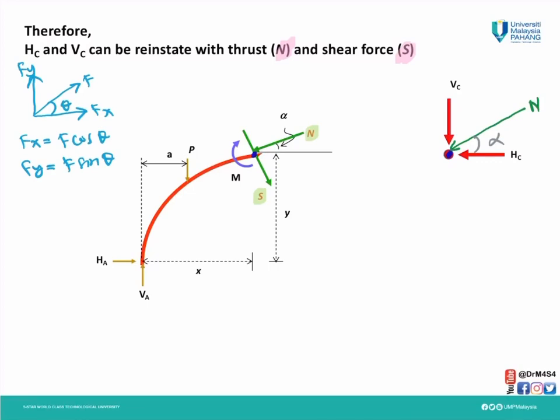Don't forget, at any point C on your arch, we're going to have thrust N and shear force S. So this is S. By knowing the alpha angle, we can resolve S and N accordingly based on the angle given. For our case here, the angle given is alpha. So here alpha, here also alpha. This is the axis for our N. This is also HC.